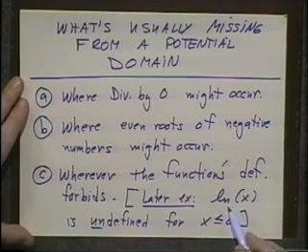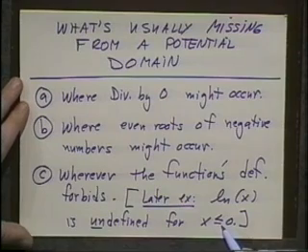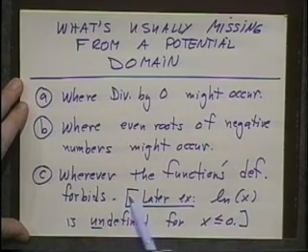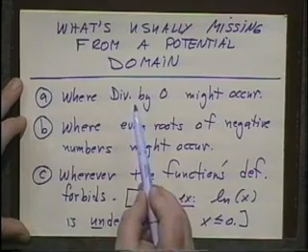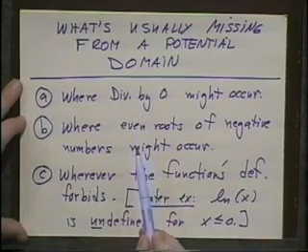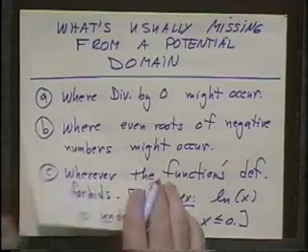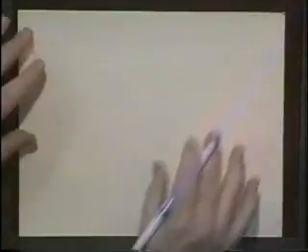In fact, the only way to define it for those numbers is to move on into the complex numbers. So there are functions that are, by their very definition, undefined for certain possible numbers. But usually, the kind of things you will see is you want to avoid division by 0 or even roots of negative numbers. So let me give you a couple of examples to show you how this works in practice.